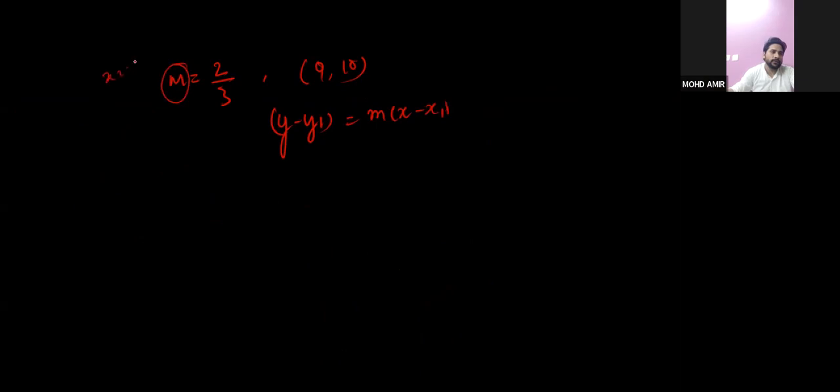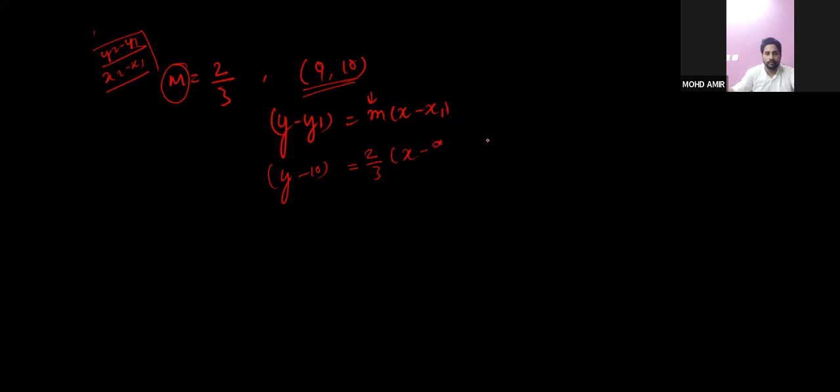M is y2 minus y1 over x2 minus x1, that is already here, and we just need a point x1, y1 that is here. So we just put the values. Y minus 10 is equal to m is 2 over 3 x minus of 9.